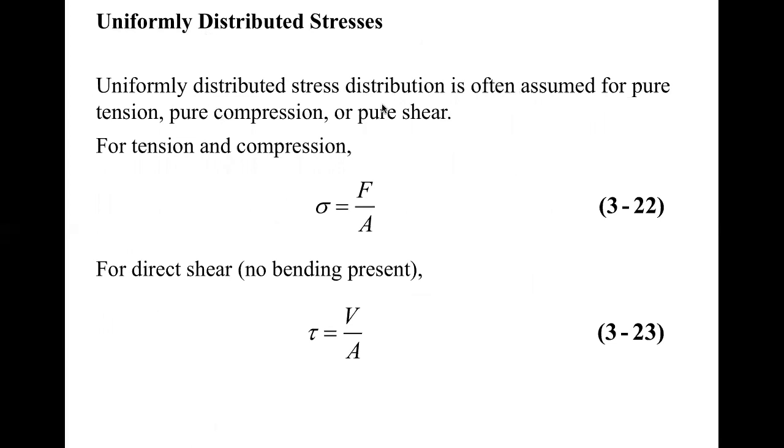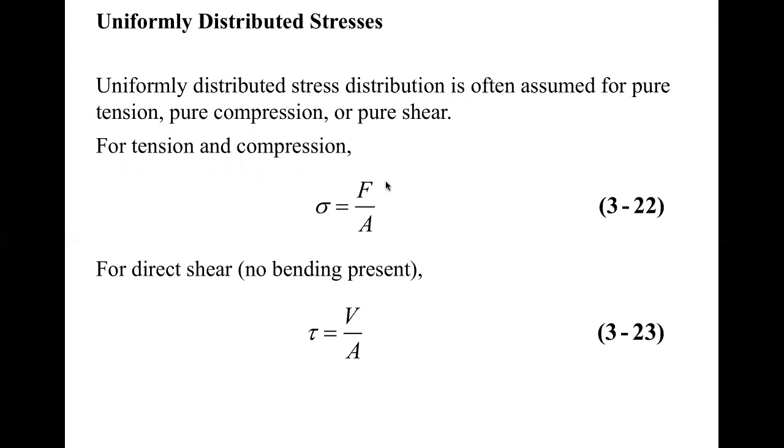We have two types of stress. One is uniform distributed stress, and the other is called non-uniform distributed stress. For uniform distributed stress, for example, look at tension or compression, also called axial loading. Under axial loading, the normal stress sigma equals F over A, where F is the axial load, and A is the cross-section area.